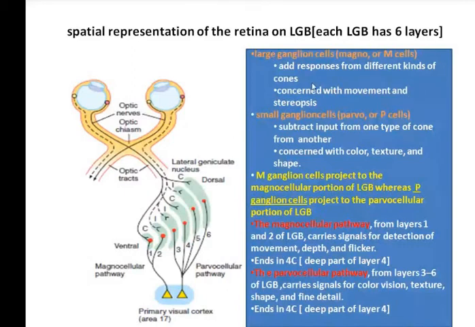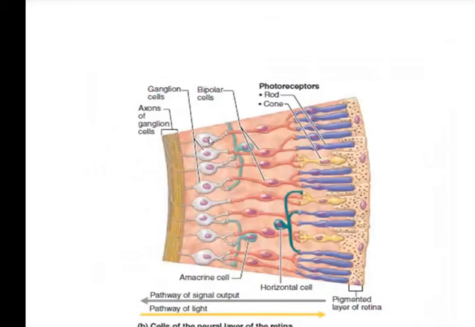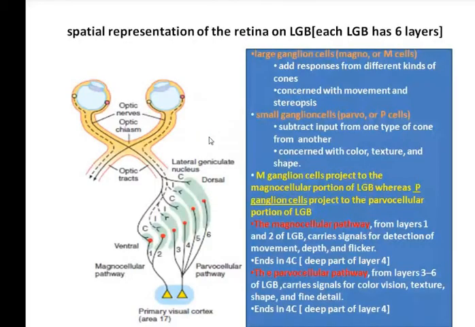They are mainly concerned with movement and stereopsis, and they add the information coming from the different types of cones. The small ganglionic cells are also known as parvo or P cells. They are mainly concerned with color vision. The M ganglionic cells project to the magnocellular portion of the lateral geniculate body.